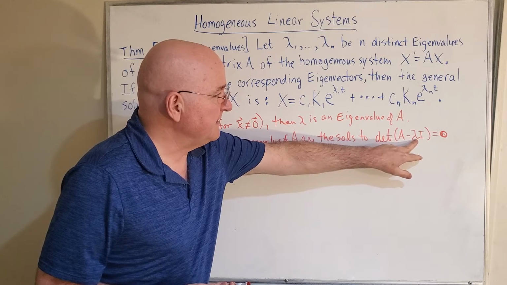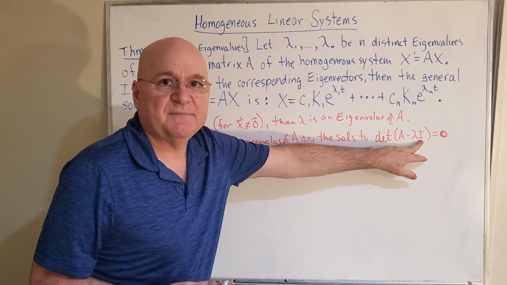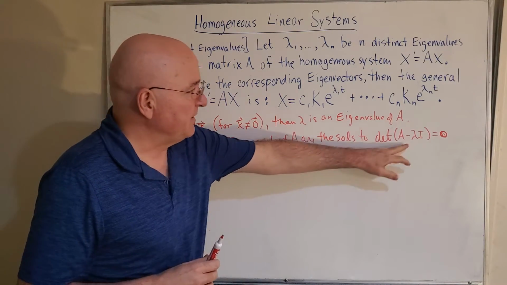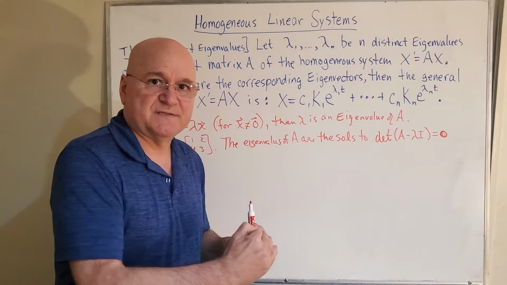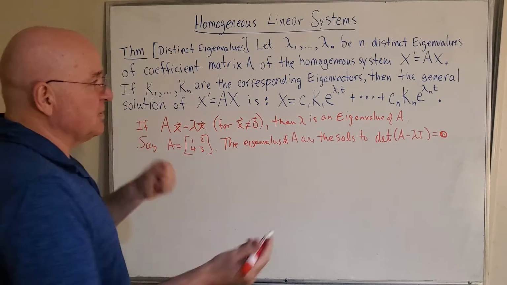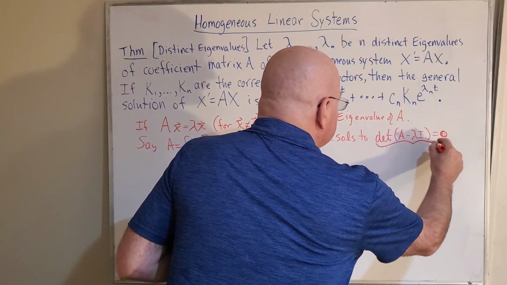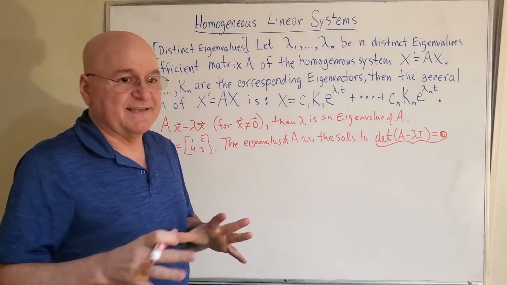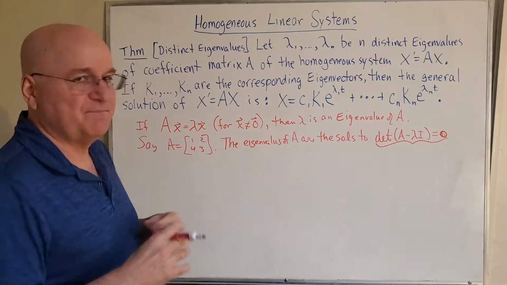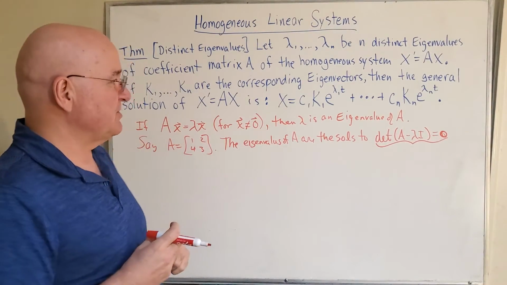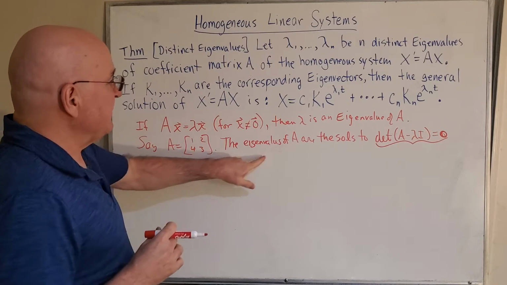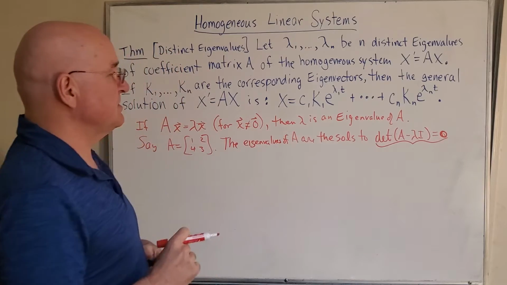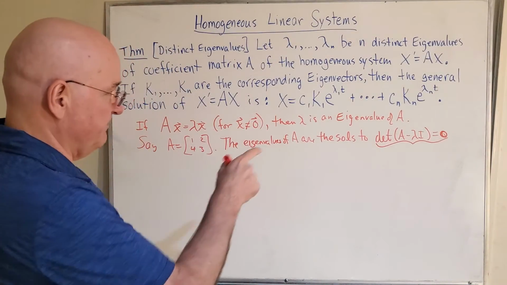And when you multiply lambda times the identity matrix, which is all zeros except ones down the diagonal, you get all zeros with lambdas down the diagonal. So this is called the characteristic equation. The left side would be called the characteristic polynomial, slightly different than the one we've seen when solving individual homogeneous differential equations. So the eigenvalues of A are the solutions to the characteristic equation.